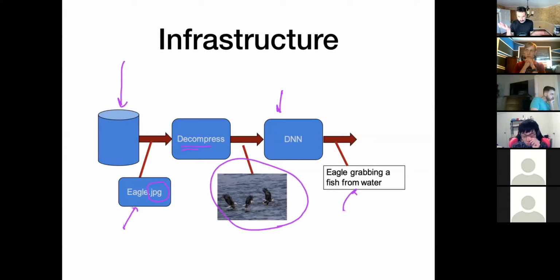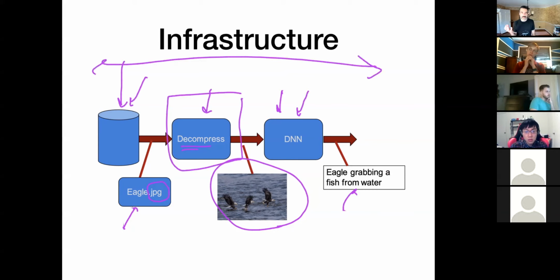And each of these operations is different essentially. This is disk access, so you have obviously a slow operation there. Decompression, you need to make efficient in order to have the whole pipeline be efficient. If you make this DNN very efficient, and these are slow, then you don't get end-to-end performance.